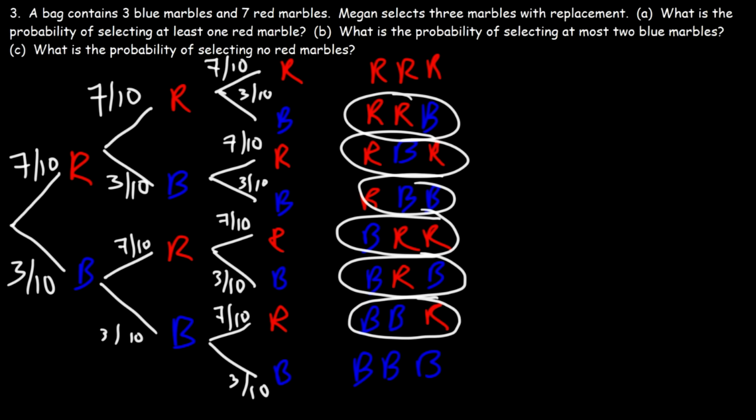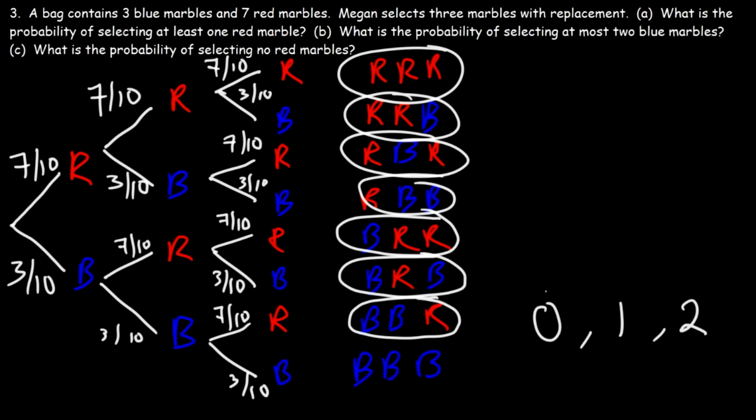Well, let's think about it. At most 2 blue marbles. So that means that the maximum number of blue marbles is 2. So we could have 2 blue marbles or anything less. We could have 1 blue marble or even 0 blue marbles, because that's still less than 2. So that option must be included.